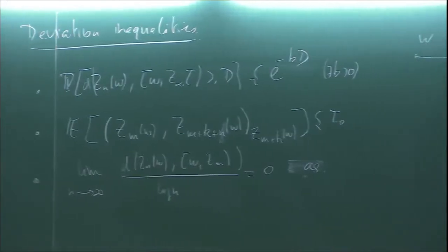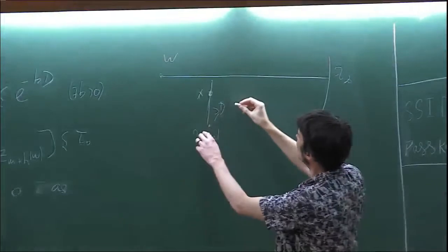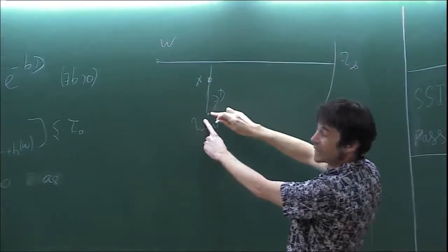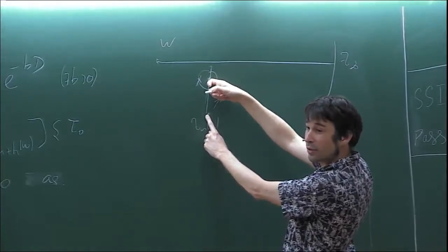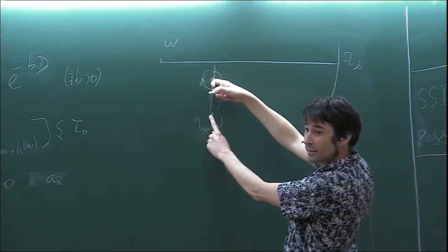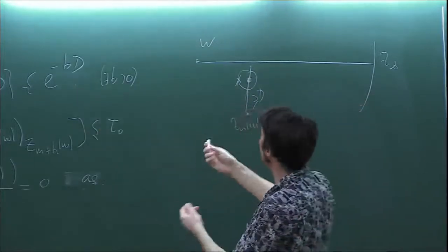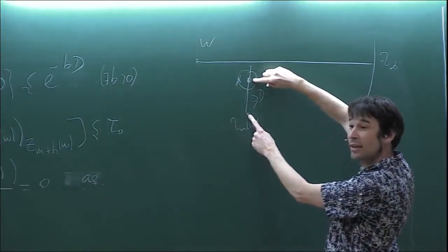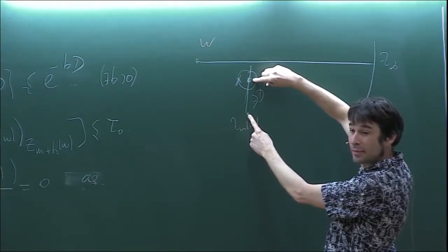So then you pick a point x here where it is exactly d. And so what you see is that z infinity is in the shadow seen from Zn of W cast by the ball centered at x. Okay? And this is where the exponential comes from, because it's a quasi-isometry, this d here becomes a big distance also in the Green metric.